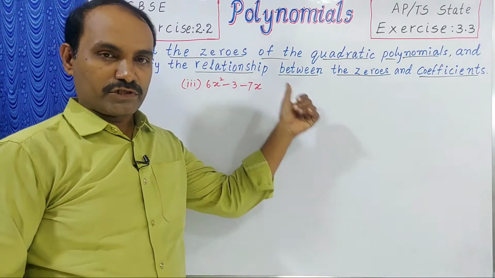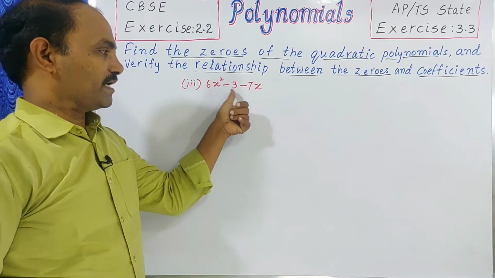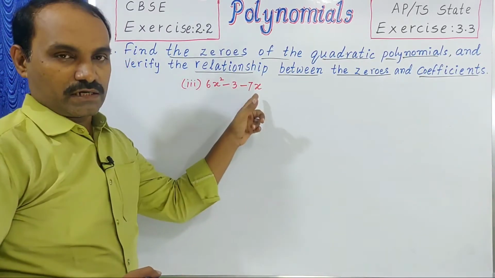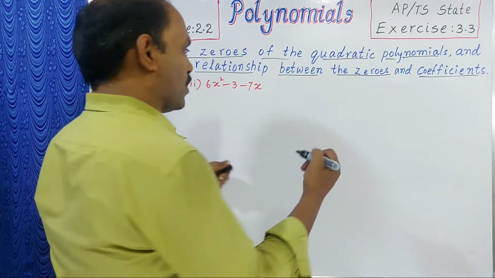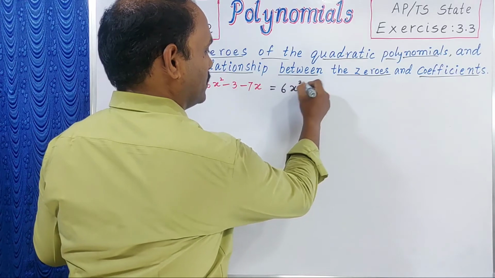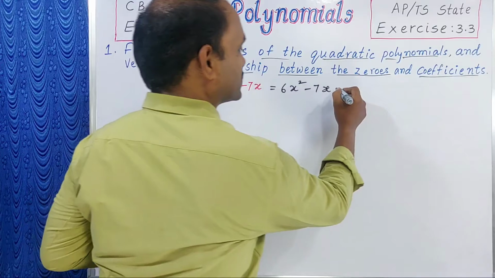In this first Roman, next question, third question, 6x square minus 3 minus 7x. These are not in order, so first you should write them in order. First x square term, next x term, and last constant term.